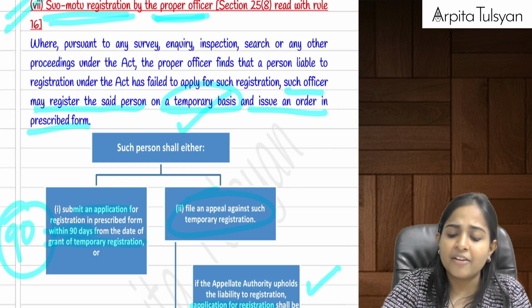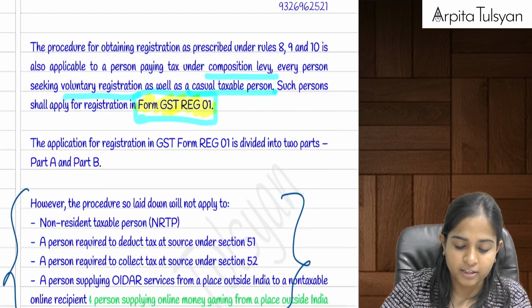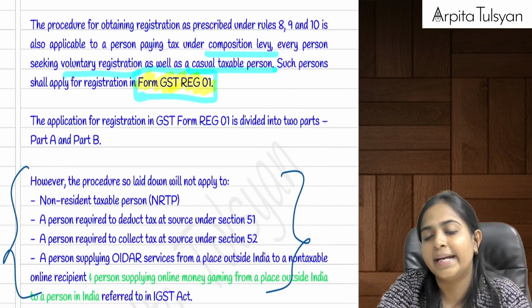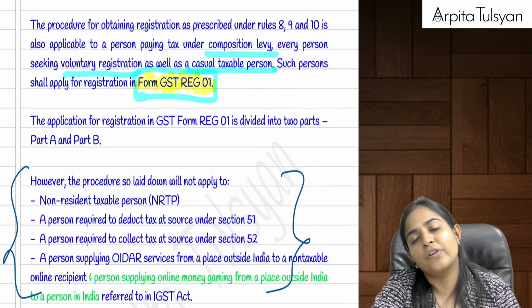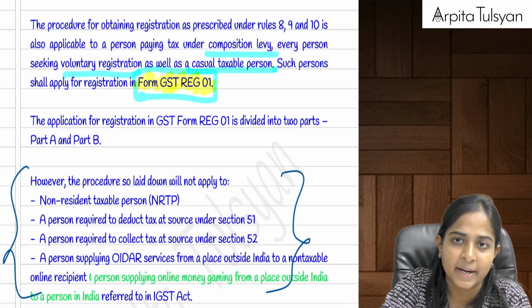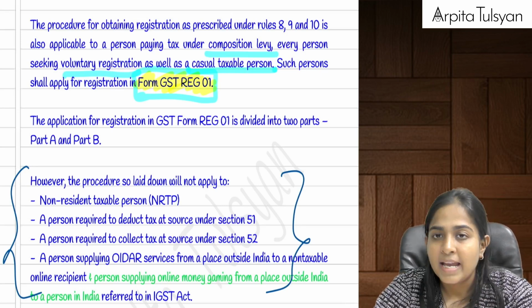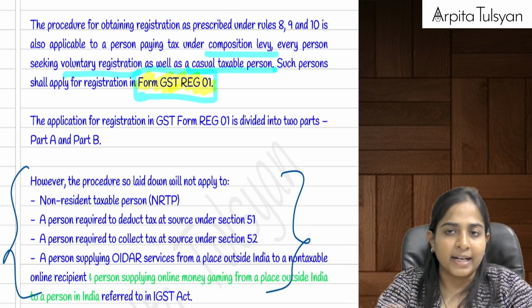Then after that, we started with the procedure for registration. In case of procedure for registration, it is given in rule number 8, 9 and 10. We are going to use a form called GST REG01, which is divided into two parts, part A and part B. Part A was talking only about the PAN validation, and part B is going to contain all the other details.